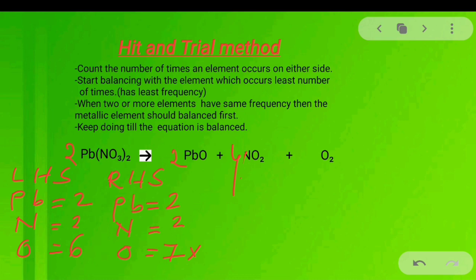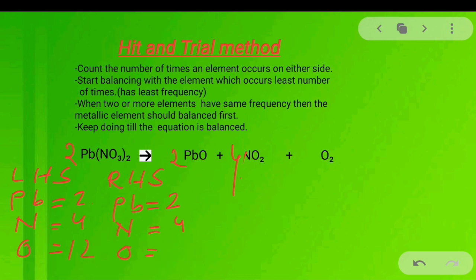Now the number of nitrogen atoms on the LHS is equal to 4 and on the RHS it is equal to 4. Now the oxygen atoms: on the LHS it is 6 into 2, 12, and on the RHS it is 2 plus 8 plus 2, which is 12.